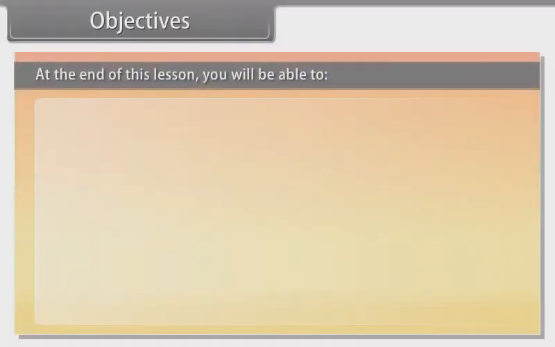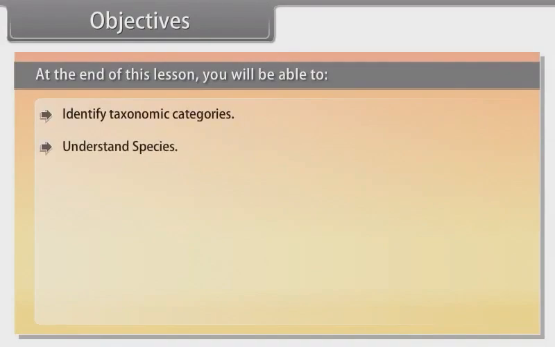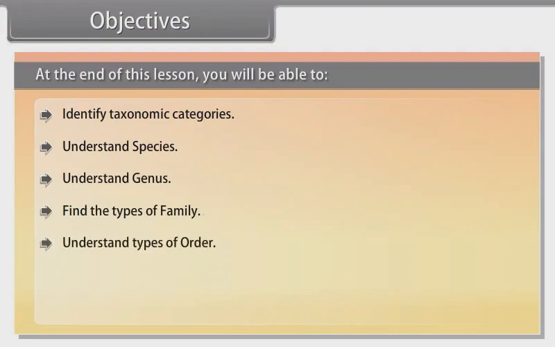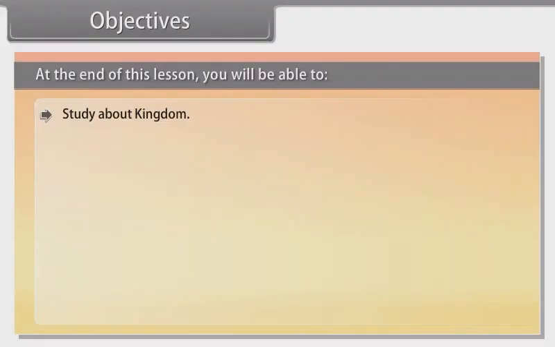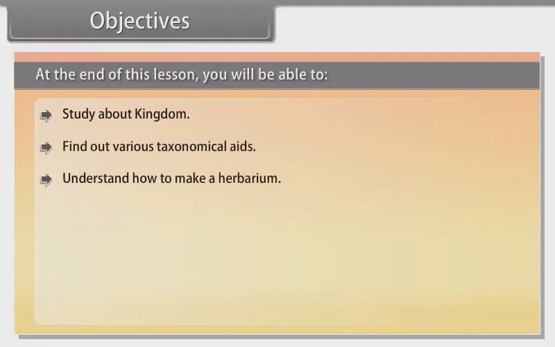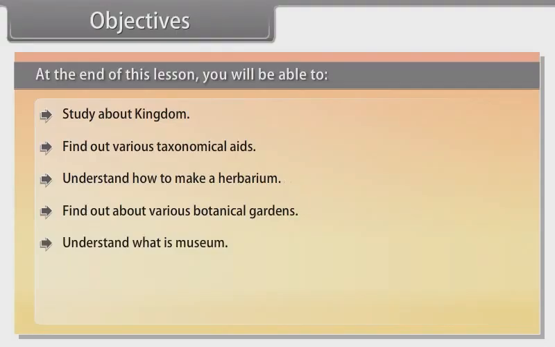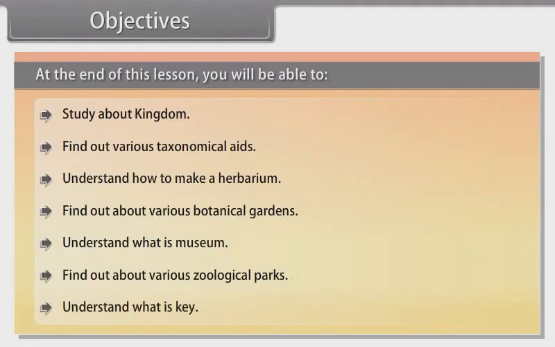At the end of this lesson, you'll be able to identify taxonomy categories, understand species, understand genus, find the types of family, understand types of order, understand class, understand phylum, study about kingdom, find out various taxonomical aids, understand how to make a herbarium, find out about various botanical gardens, understand what is a museum, find out about various zoological parks, and understand what is a key.